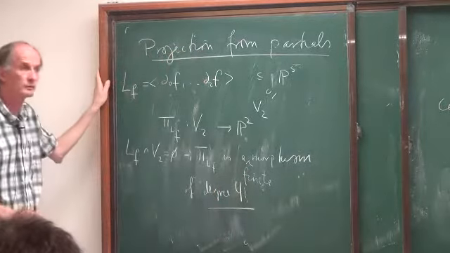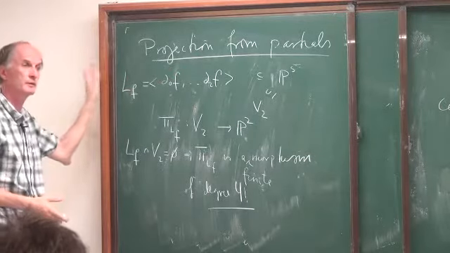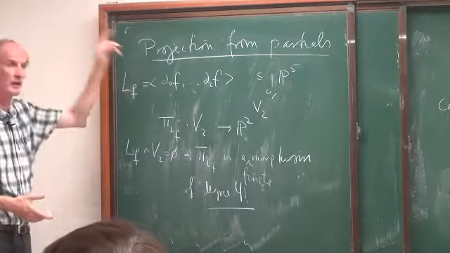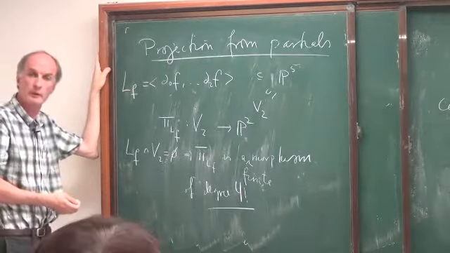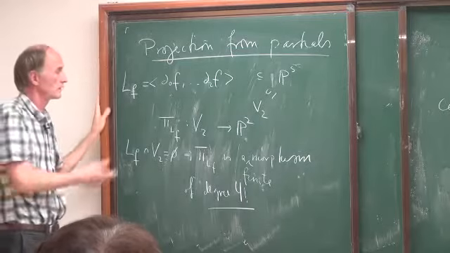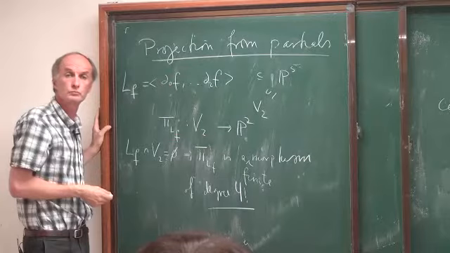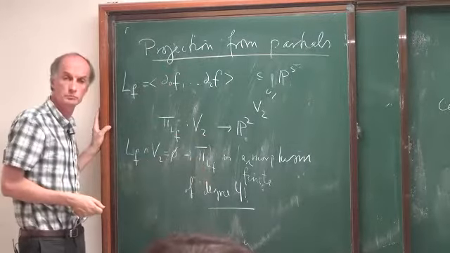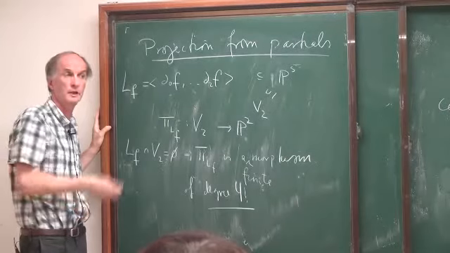So it's a 4 to 1. And the fibers are exactly what I described over there. So this is the way I think about it. I take the projection of the Veronese from the partials. And then I get a 4 to 1 map. Okay, in this case. I can interpret this.